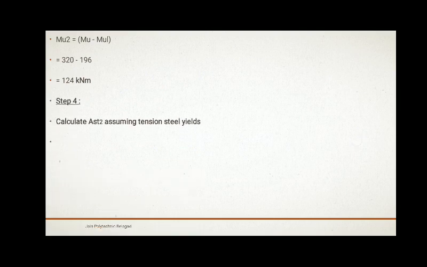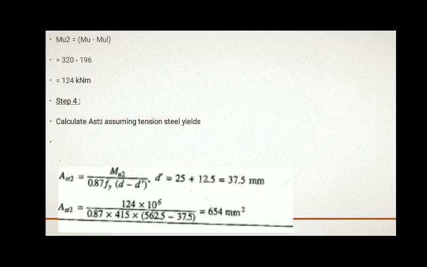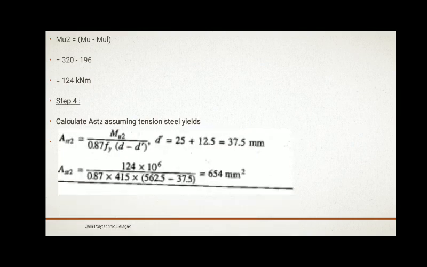Step 4, calculate Ast2 assuming tension steel yields. So here you can see the equation, Ast2 is equal to Mu2 by 0.87 fy (d minus d dash). In the design steps we had written this equation, so we are substituting the values in this equation. We get Ast2 is equal to 654 mm square.